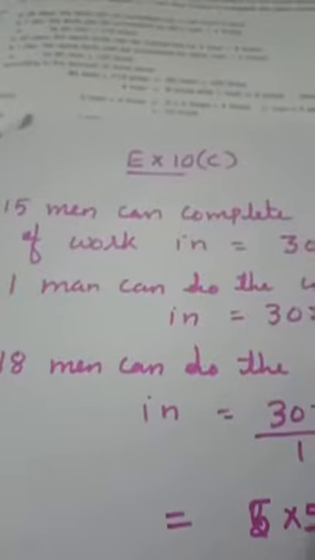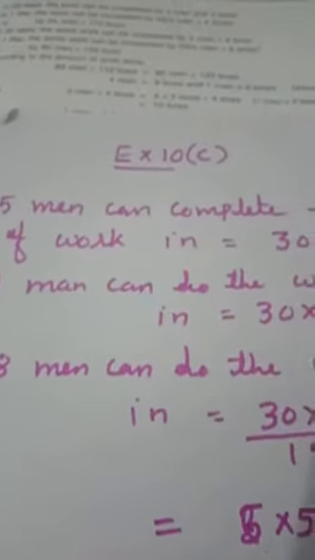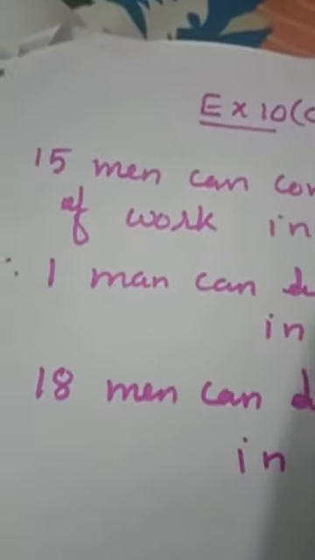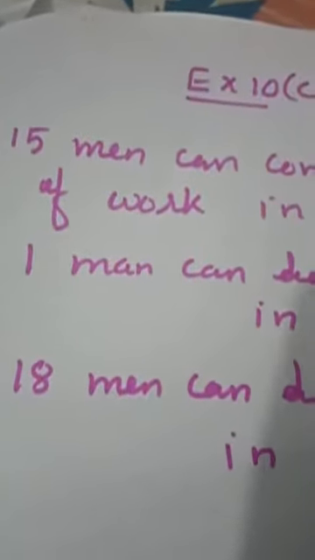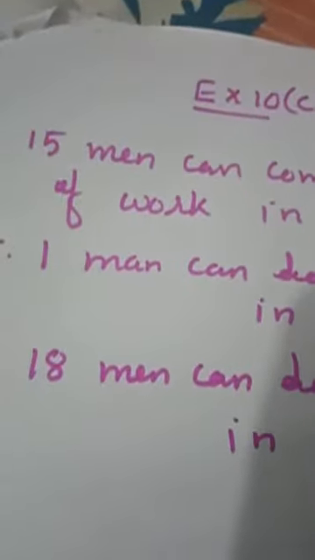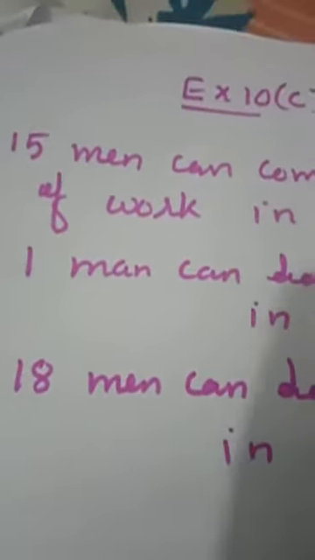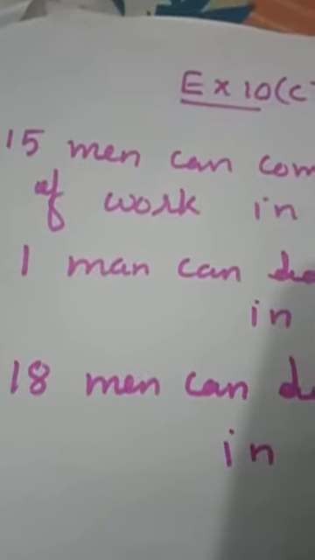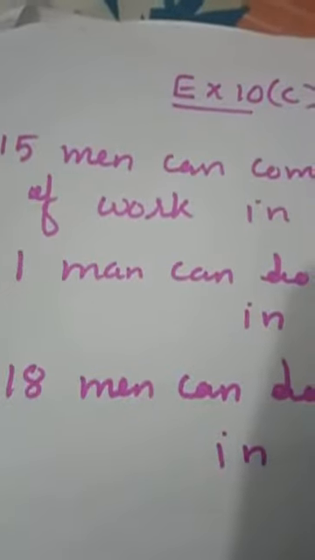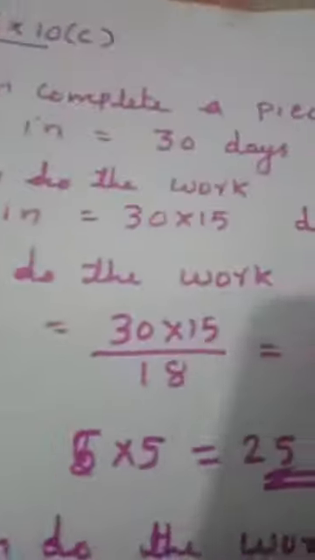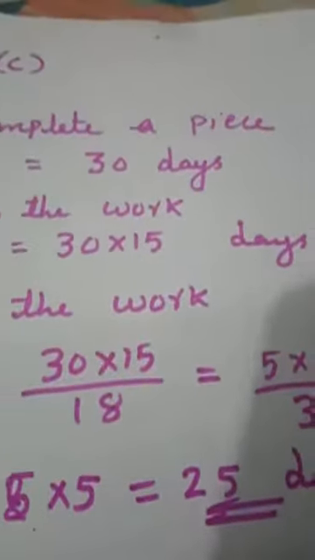If there is only one man, then the number of days increases. If the number of workers is more, then days are less. 15 men 30 days, and one man will take more days to complete the work. So this is inverse. So here we are multiplying 30 into 15, not 30 by 15.